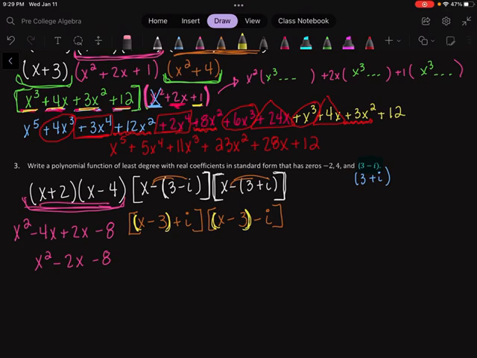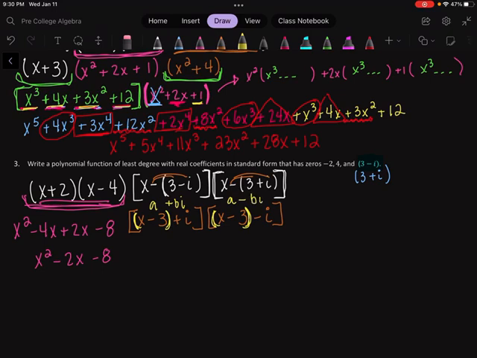That kind of looks like an a plus bi, doesn't it? And that's a plus bi, where this is the a minus bi. And what do we know about conjugates when we multiply them? The middle terms will cancel out. So there's really no outer and inner term we actually have to do.